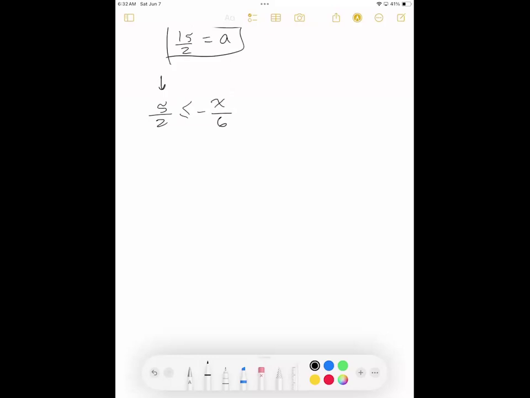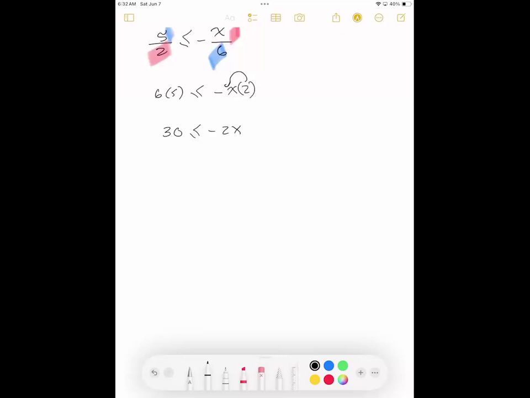The problem is an inequality, but we solve it exactly the same as if it's an equation. I'm going to multiply the 6 by 5. I'm going to multiply 2 by x. So 6 times 5, I have a negative x times 2. 6 times 5 is 30, and we normally put the number before the letter.